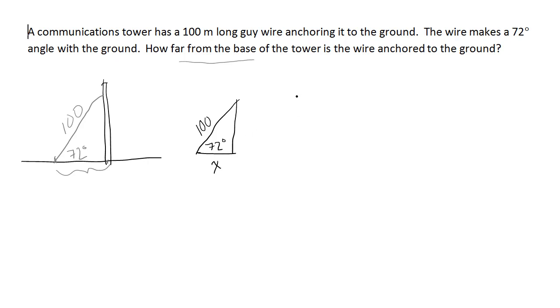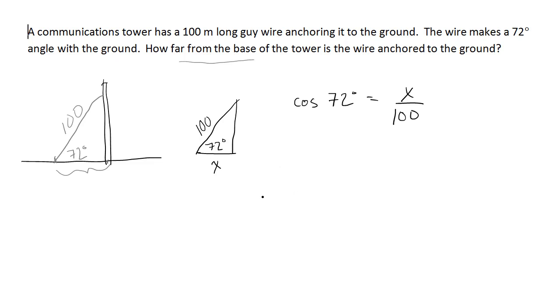So we're going to use our cosine ratio. Cosine of our angle is equal to adjacent over hypotenuse. Okay, because this is the adjacent side and this is the hypotenuse for the 72-degree angle.